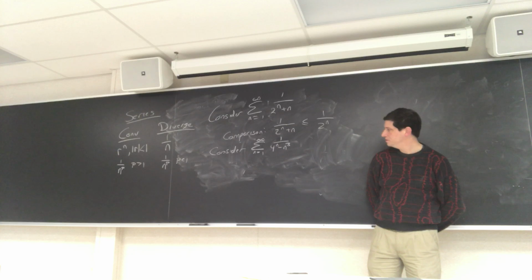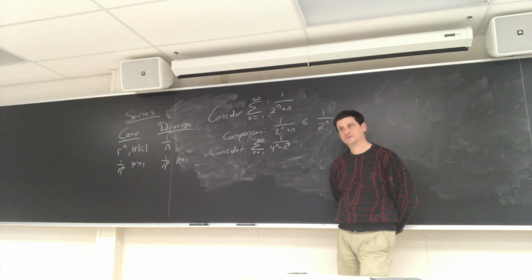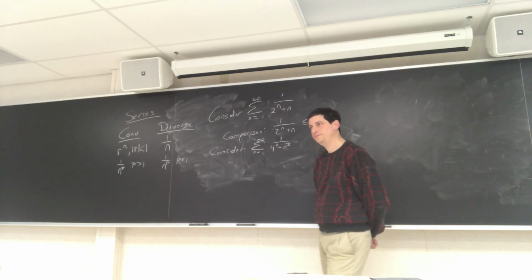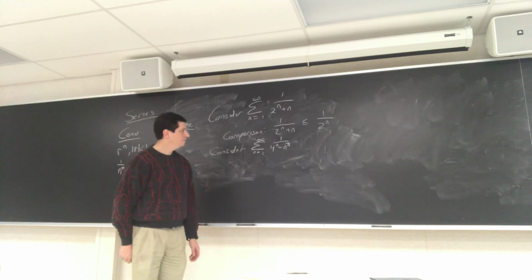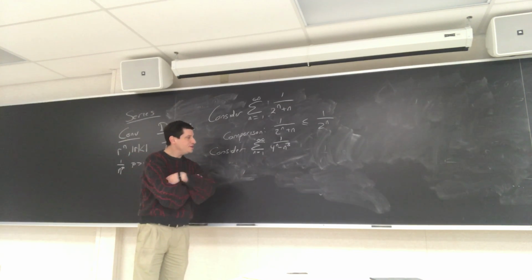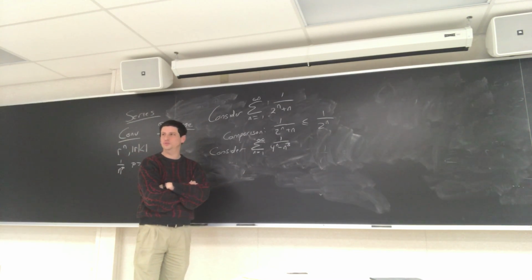All the terms will be positive. What do you think, converges or diverges? Converges. Why? So I think the 4 to the n is going to dominate. So we think the 4 to the n is going to dominate the n cubed, right?